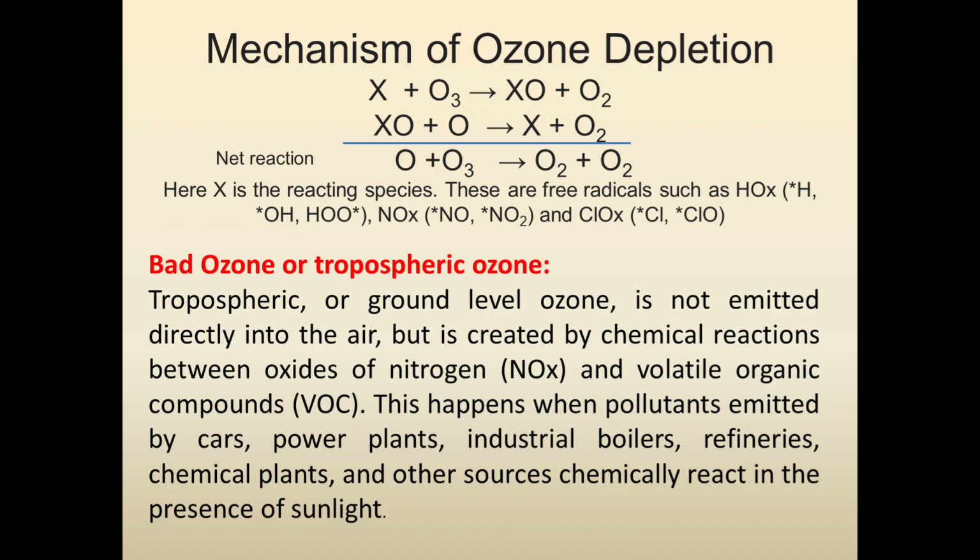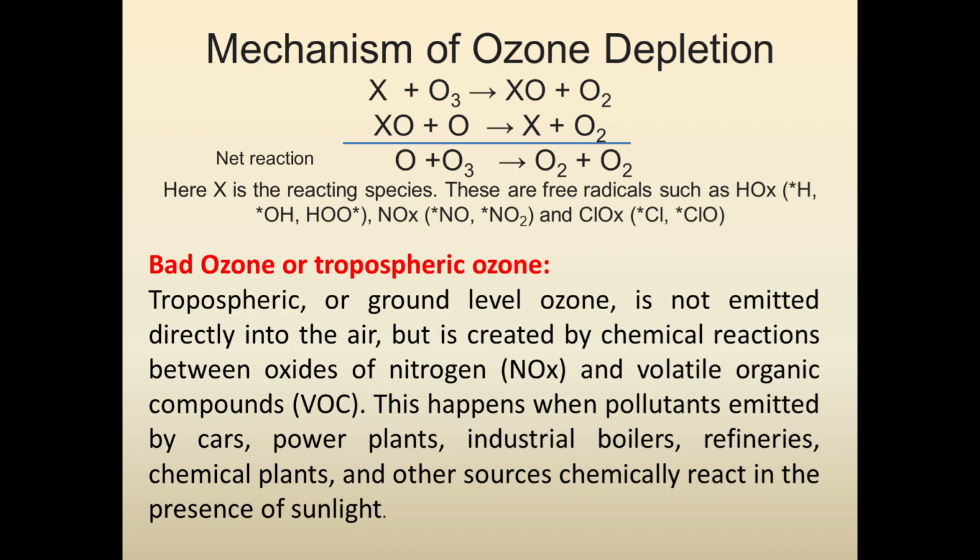So what is the mechanism of ozone depletion? As you know, X plus O3, which indicates the reactant side, gives XO plus O2, and XO when combined with single oxygen again forms X, separated from oxygen, and the oxygen combines with single oxygen to form a diatomic oxygen.